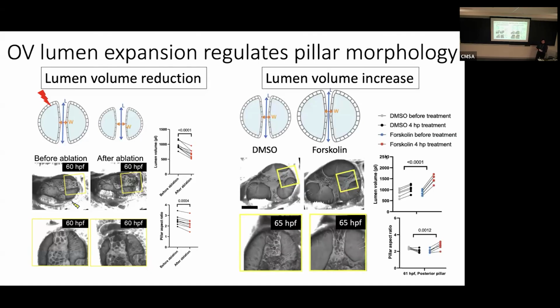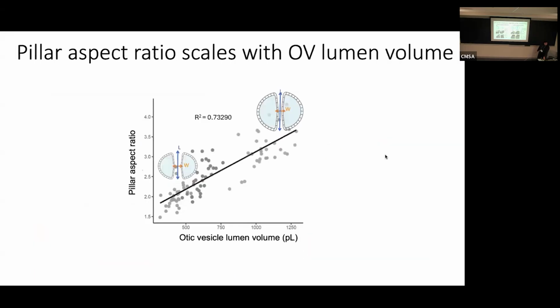We can make these auric vesicles expand using forskolin, which is a cyclic AMP agonist. It activates certain ion transporters, and in this case, the pillars become narrower and thinner. So pressure can change the morphology here significantly, so much so that if we plotted the aspect ratio over different lumen volumes, it scales very nicely.